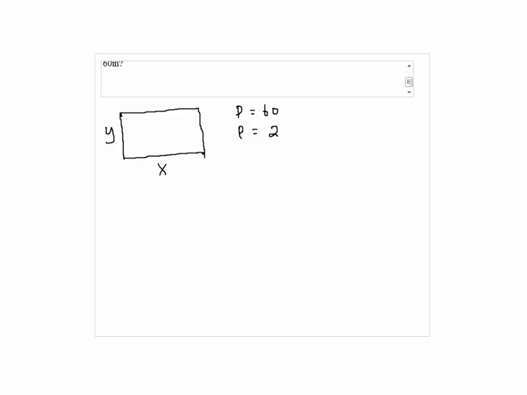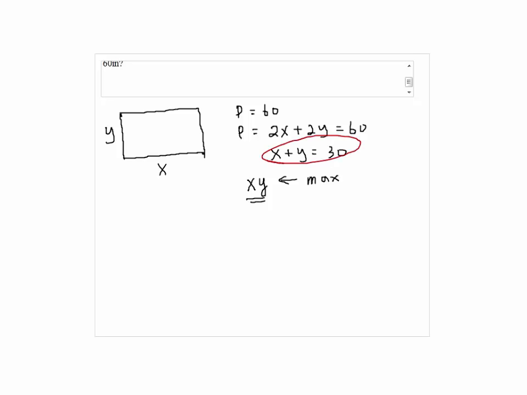So the perimeter is given by 2x plus 2y, which is 60. So basically x plus y equals 30. And since we want to maximize the area of the rectangle, we want to find xy that is the maximum.